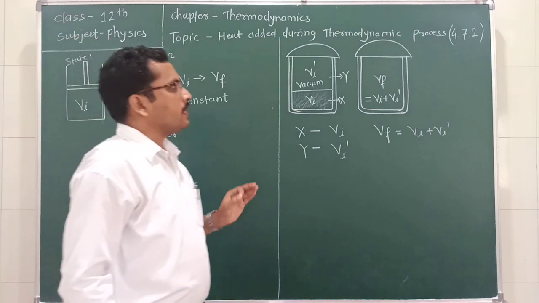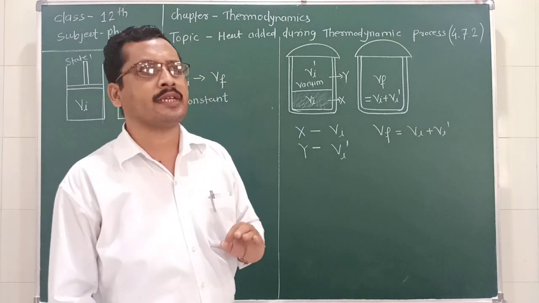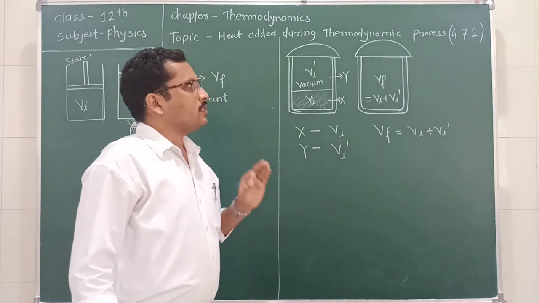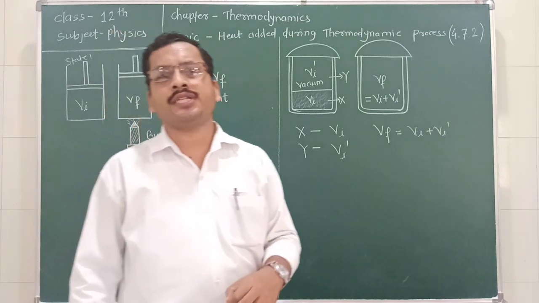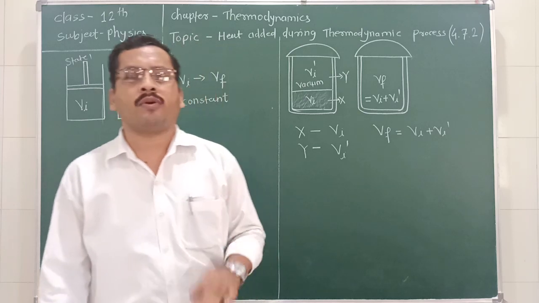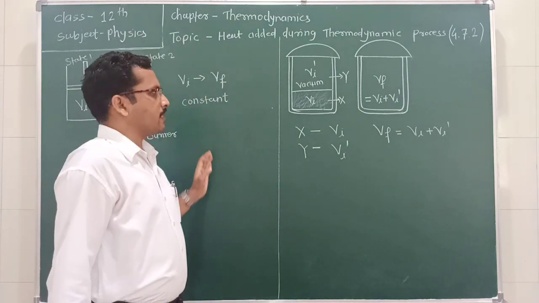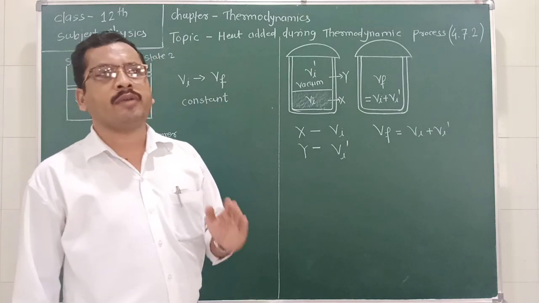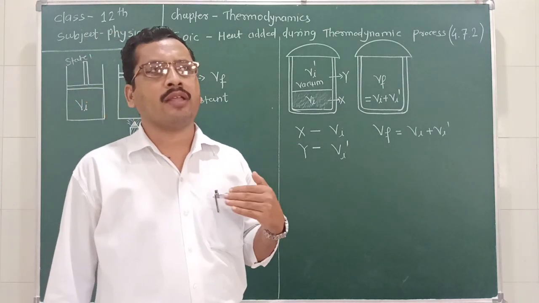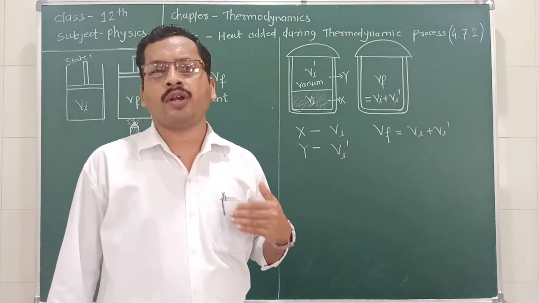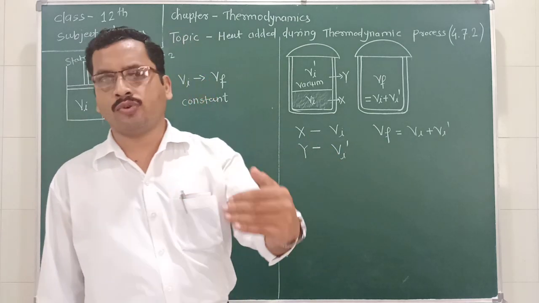The work is done in some cases, and in some cases the work is not done. But as we stated earlier, the change in a thermodynamic process depends not only upon the initial state and final state, but also upon the intermediate states, that is, the path through which the state changes from state 1 to state 2.